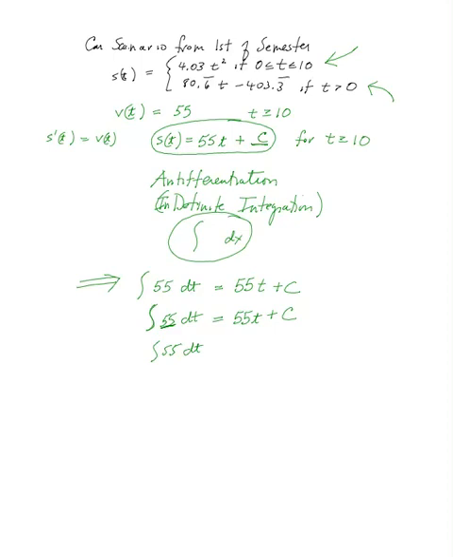Remember, I told you that at the end of the semester, you would know enough calculus to be able to come up with this position function on your own. And we're now to that point. Let's figure out how to come up with this position function on our own.